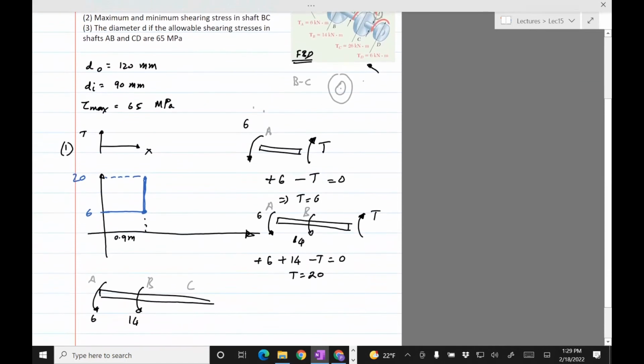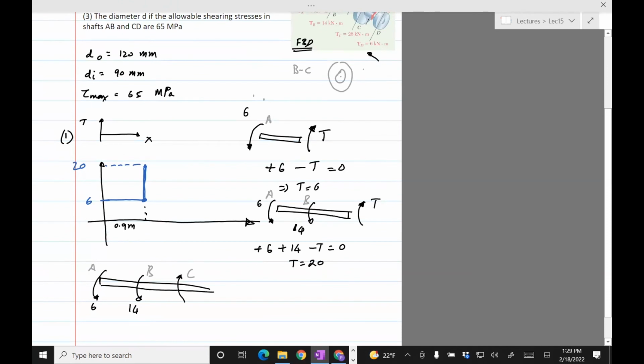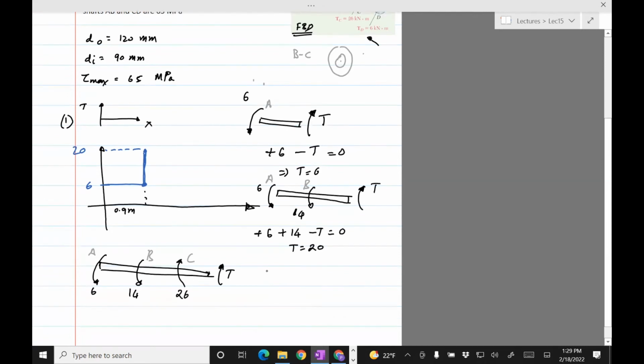At C, there is a clockwise torque of 26, and then that's the unknown. So 6 positive, 14 positive, 26 negative, torque T negative gives me I think -6.